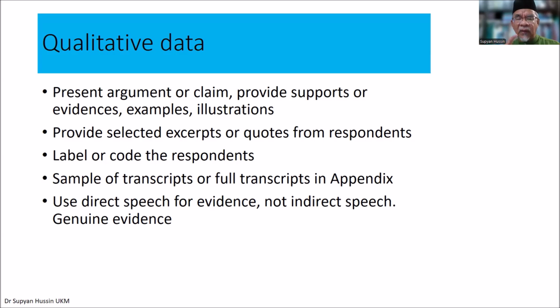Teacher 1, teacher 2, or student 1, student 2, S1, S2, and whatnot. Do not use the actual name of the respondent. Even the expert too. You can have EX1, EX2, EX3, which means expert 1, expert 2, expert 3. In your appendix, you probably have those codes, you know, EX1 refers to Professor so-and-so, EX2 refers to Professor so-and-so. That can be placed in the appendix, but don't use the actual name inside your thesis.